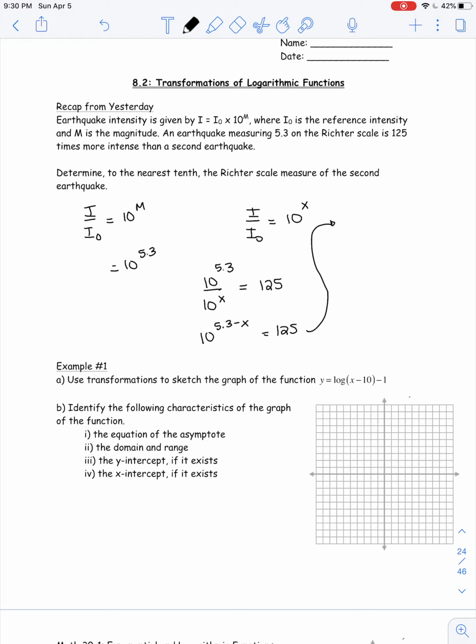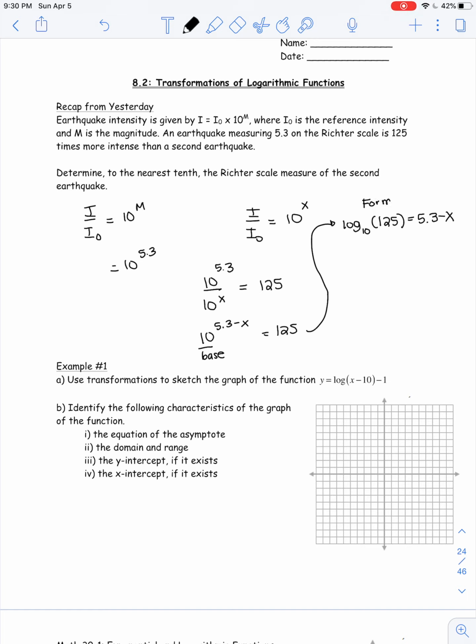Now this is where we can change this to log form. Log is always base 10, so that's our base, our answer 125 is equal to our power, 5.3 minus x.